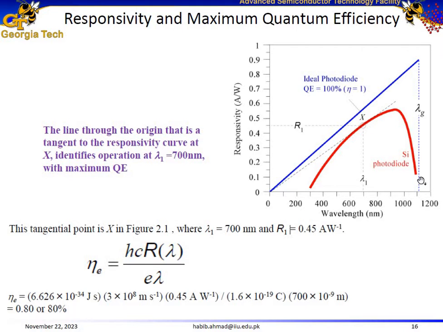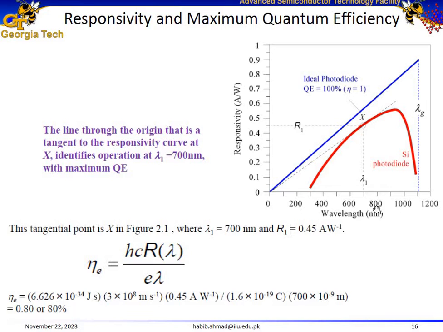Here is the responsivity curve given in red, and if we draw a tangent line from the origin to the responsivity curve, it touches the curve at this point. The corresponding wavelength at the intercept point is 700 nanometers, and the responsivity corresponding to this wavelength is 0.45 amperes per watt.